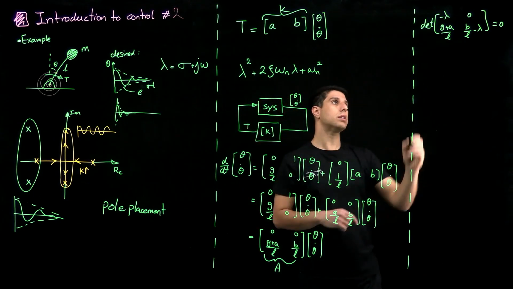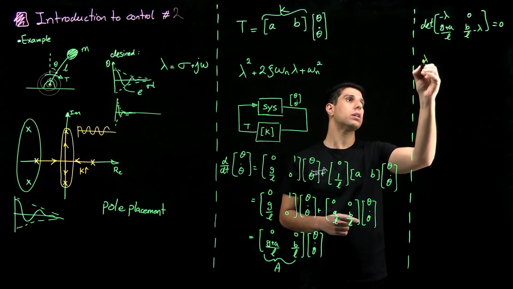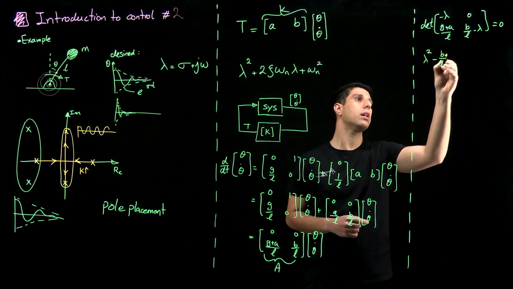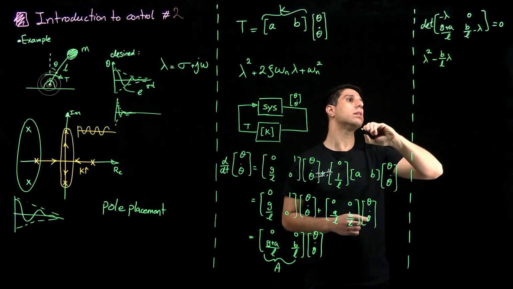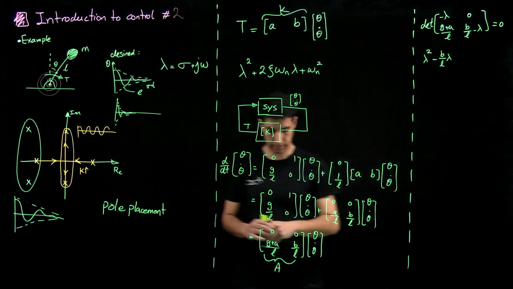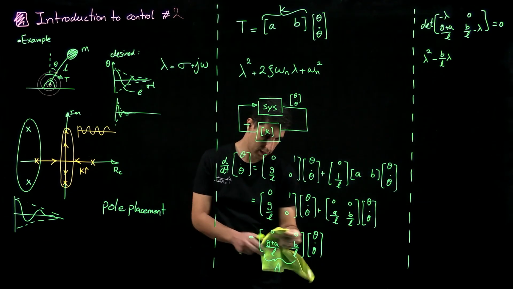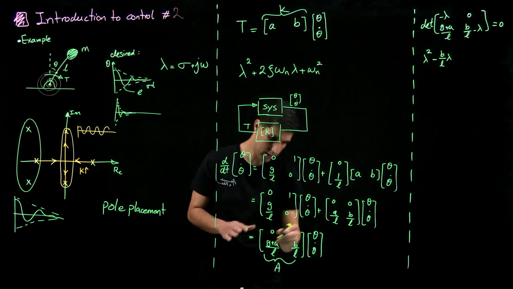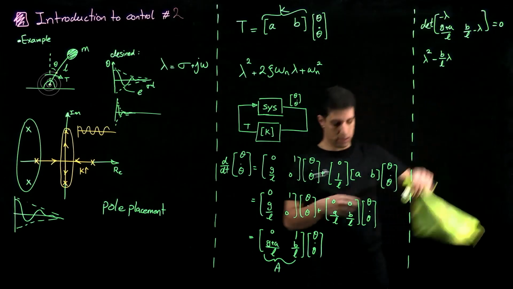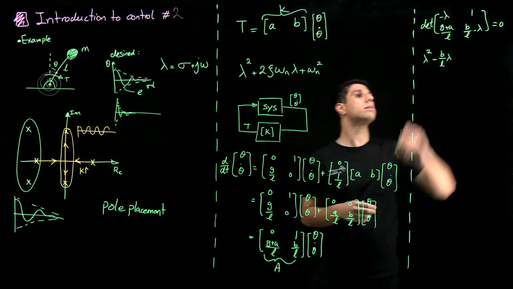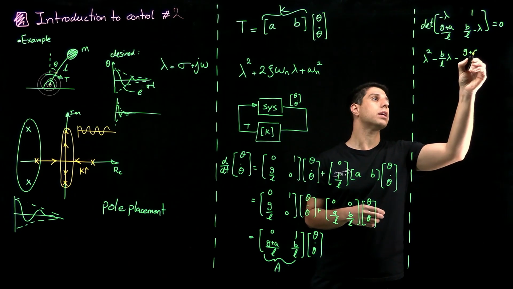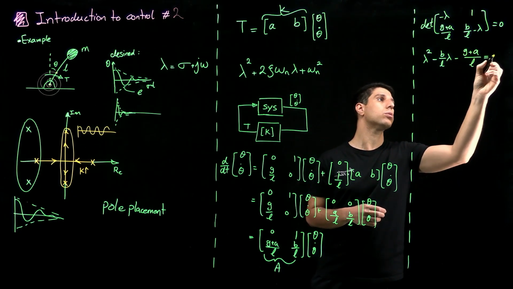And now this is lambda squared minus B over L lambda. Wait a minute, this was 1. Minus G plus A over L equals 0.